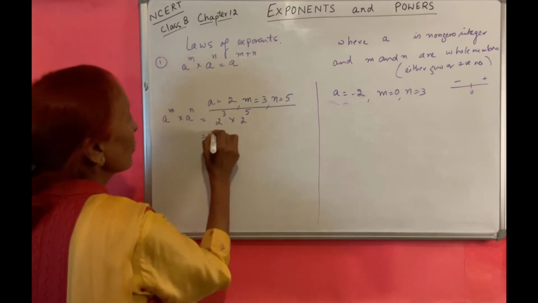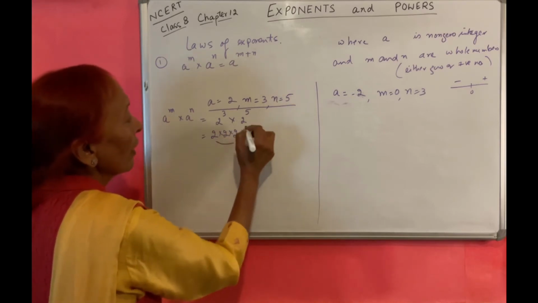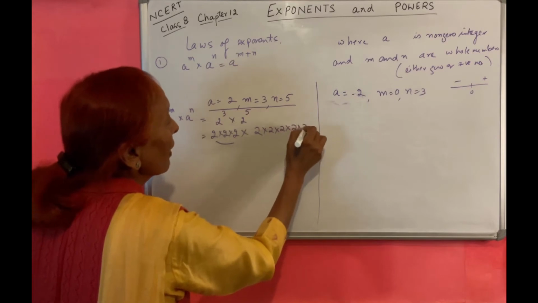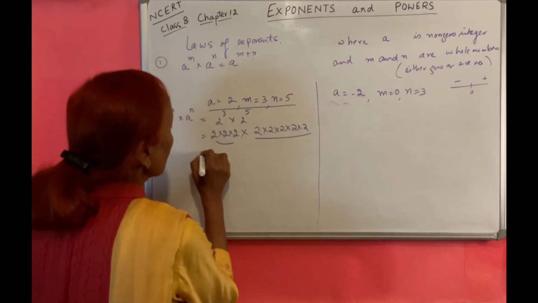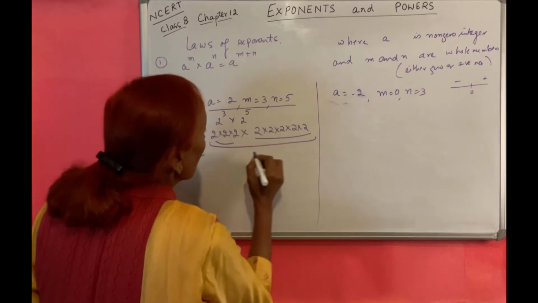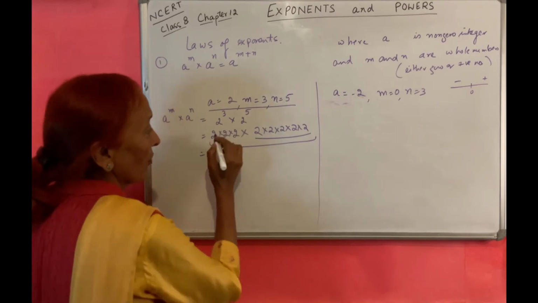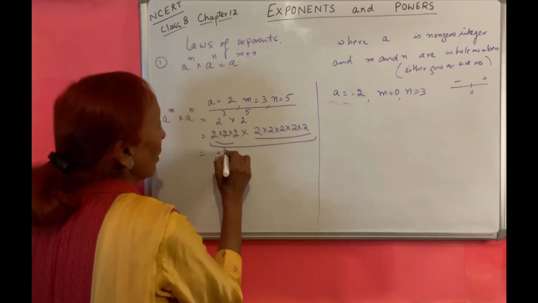This is 2 raised to power 3 means 2 into 2 into 2, and 2 raised to power 5 means 2 multiplied by itself 5 times. So taken together, it is 2 multiplied by 2, 8 times। 1 2 3 4 5 6 7 8, right?